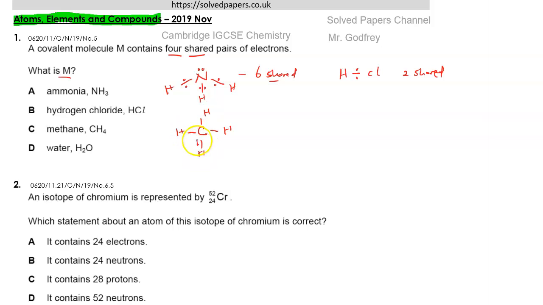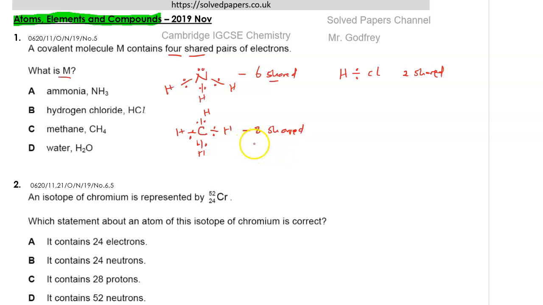So you can see methane has got 4 shared pairs, and 8 shared electrons.